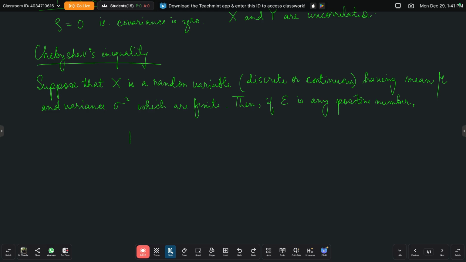Chebyshev inequality says that the probability of the absolute value of x minus mu being greater than or equal to some positive number epsilon is less than or equal to the variance divided by the square of that positive number.